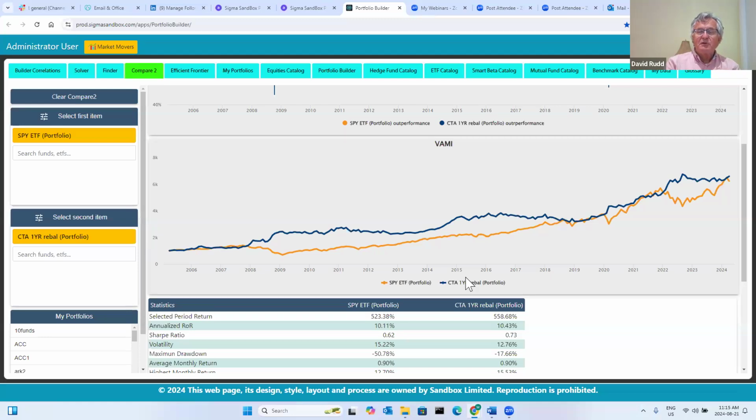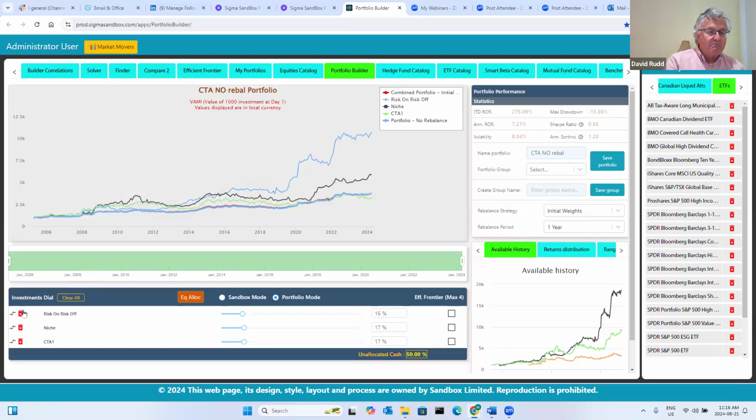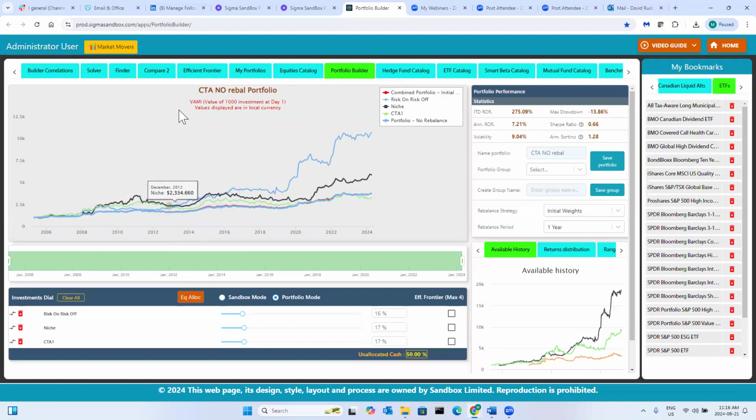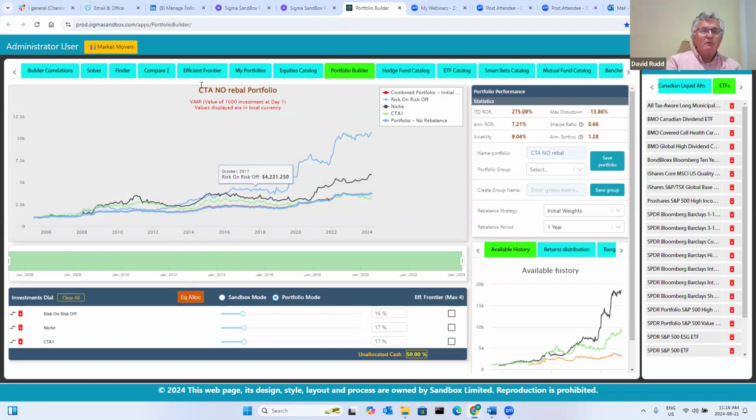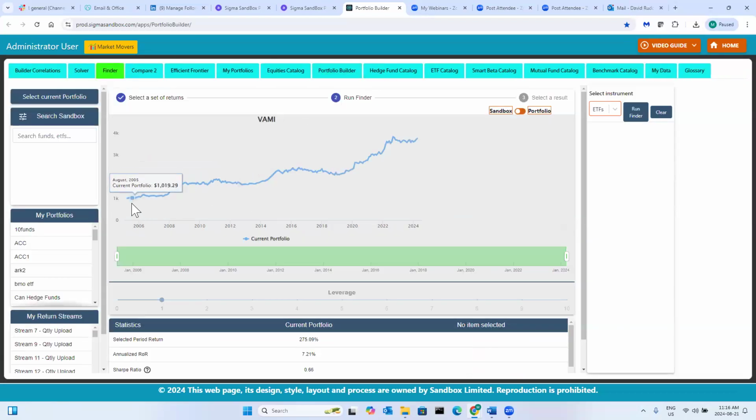Would it be worthwhile to look at those three CTAs and look at the wider world to see if that basic combination of CTAs has market correlation? Sure. It would be interesting to take a peek. So we have a tool here called Finder, and what Finder does is it basically takes the return stream.